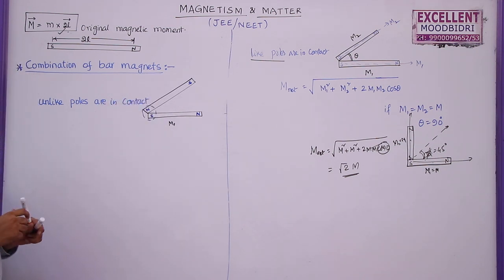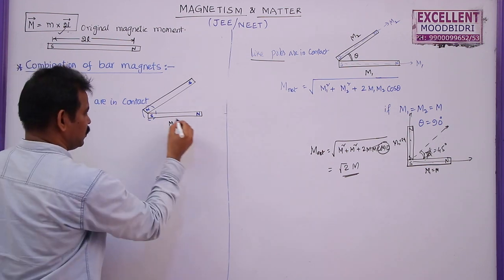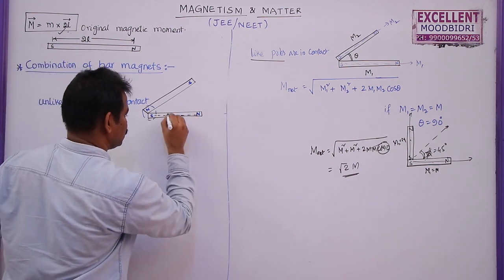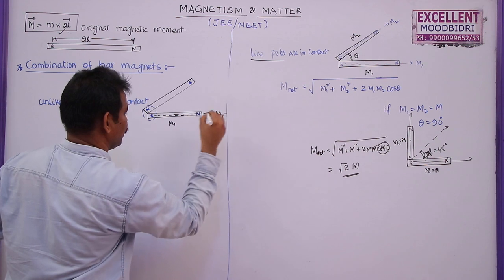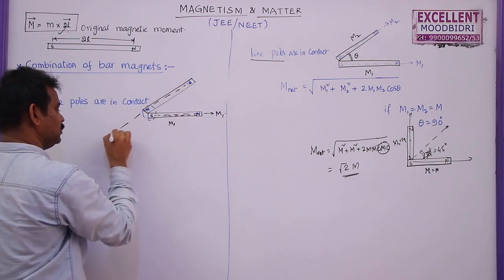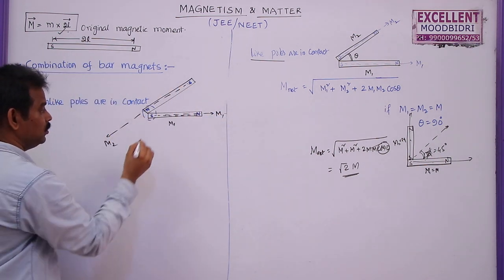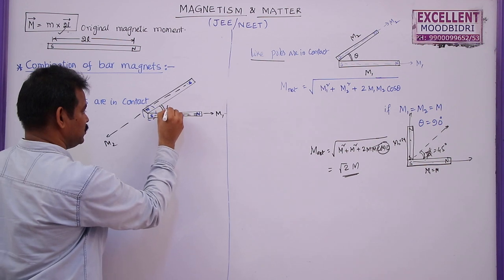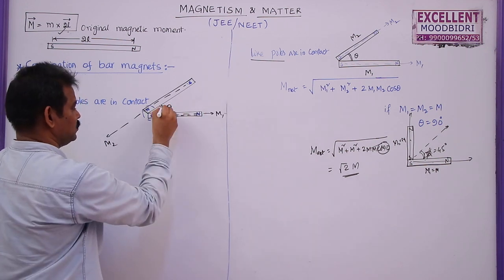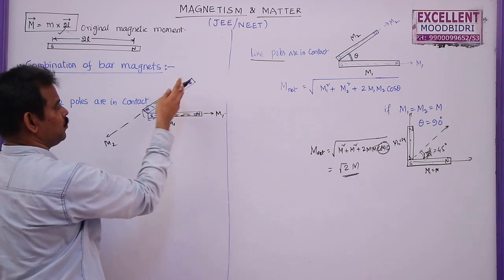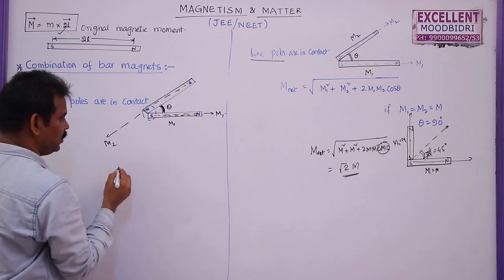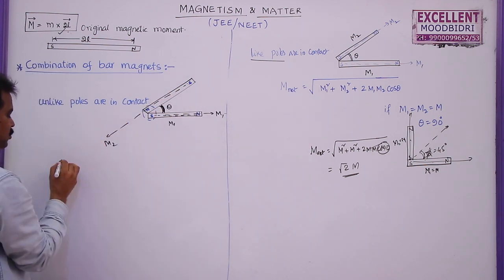If unlike poles are in contact, now you can write this magnetic moment is acting like this, this is M1, and it is acting like this, this is M2. The angle between these two magnets is given as theta, the same case, because only this magnet was reversed here.